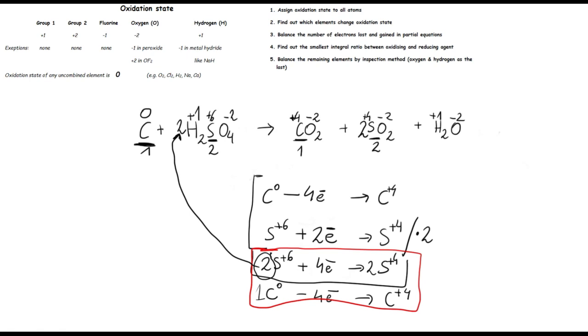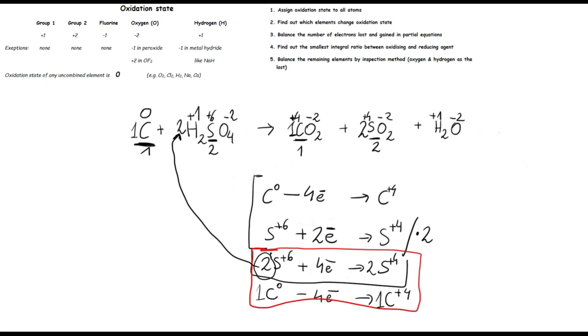And before carbon we have a 1. We're actually not writing the 1, so here is the 1, and here is the 1. So now we are calculating by inspection the atoms in the molecules. We have 1 carbon here, 1 carbon here, it's correct.